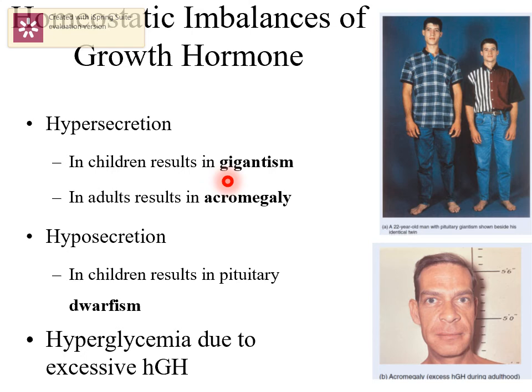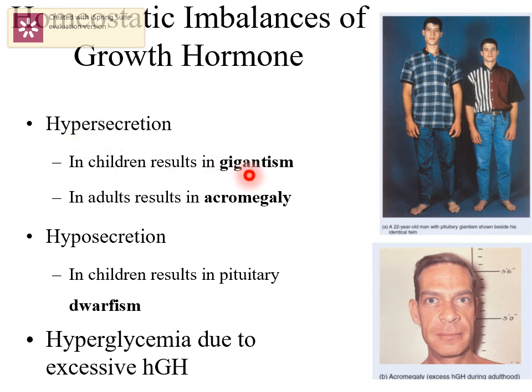So some structural abnormalities that are associated with growth hormone are called gigantism, which you probably heard of, and acromegaly, and dwarfism. Now, hypersecretion causes gigantism and acromegaly. In children, hypersecretion, keep in mind, hyper means too much secretion, hyper means above.